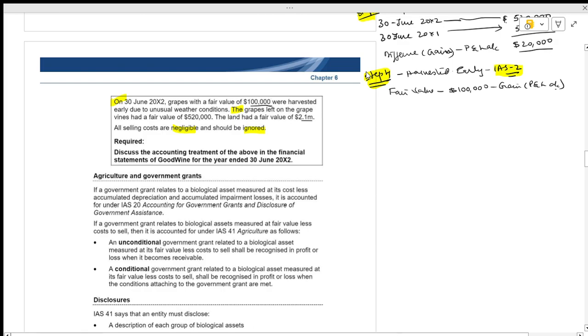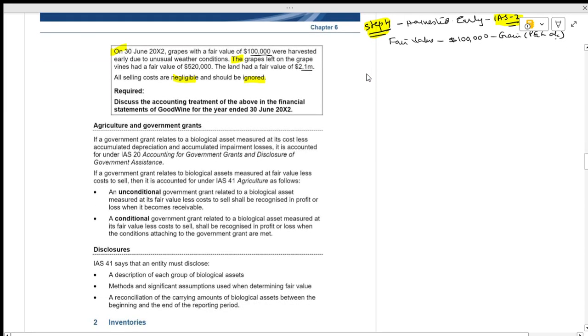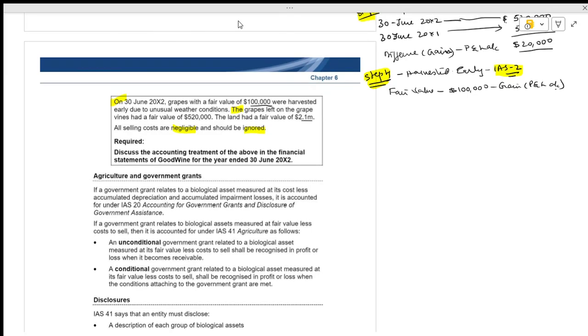Now, sometimes what will happen is that government will give a lot of grants. In most countries, government will support for various reasons, with respect to grants and subsidies.